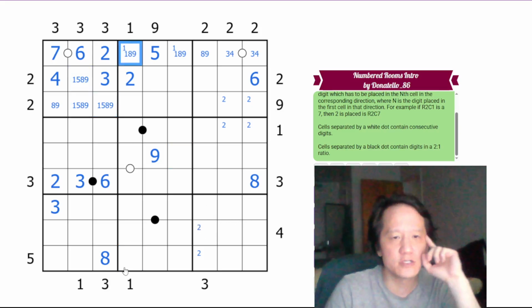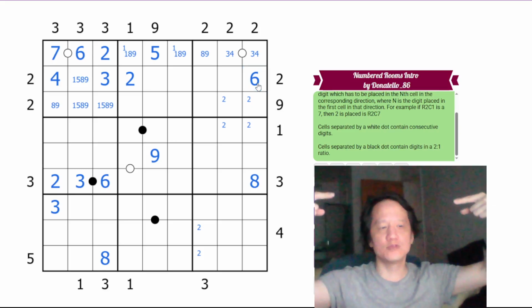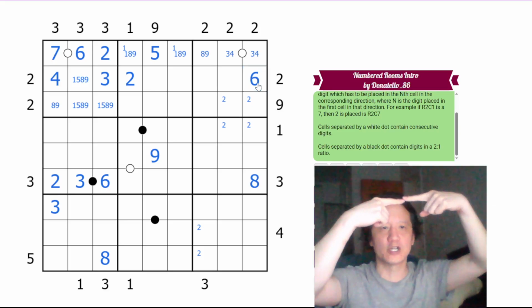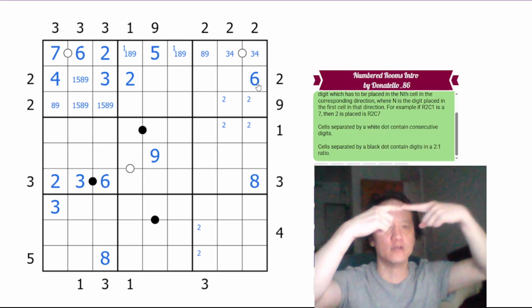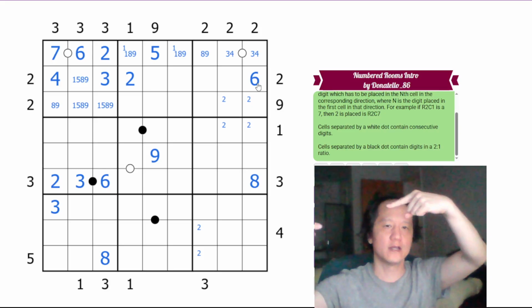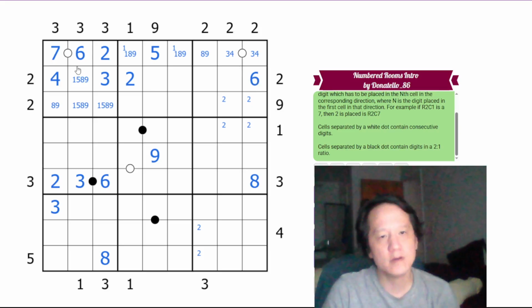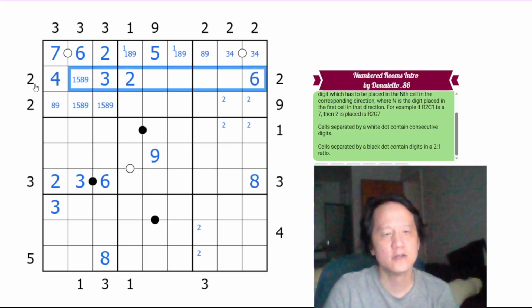These two digits must add up to 10 because of the reasoning that we said, right? Anytime you have two numbered rooms clue looking from both directions and they're the same number, obviously one of them looks one way and the other one looks the other way. Well, you'll always have 1 or 9, 2 and 8, 3 and 7, 4 and 6, and that's why it adds up to 10.